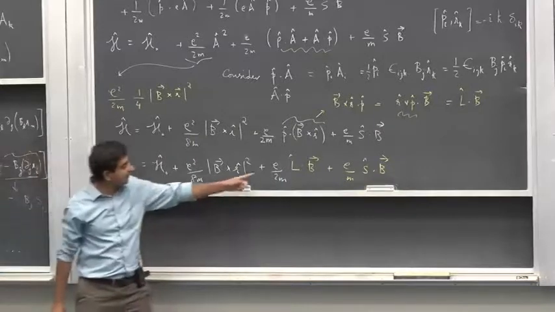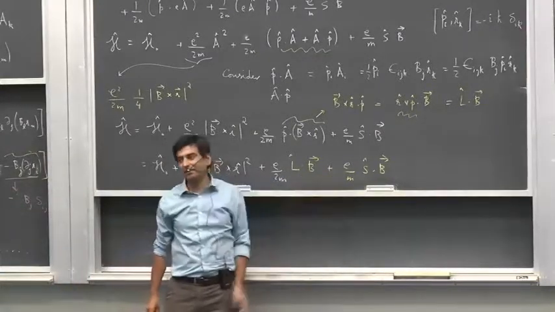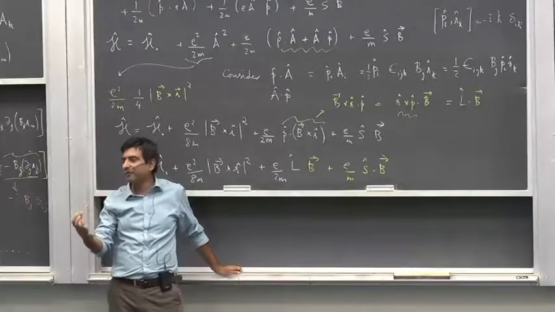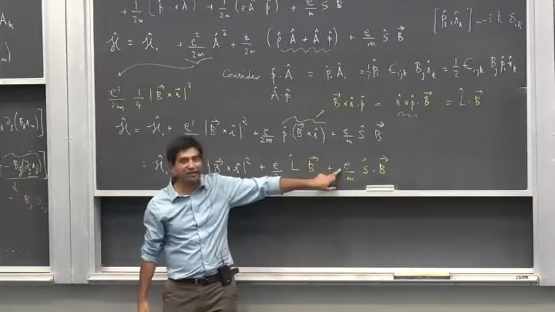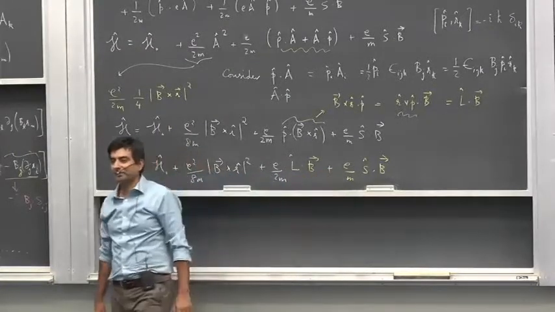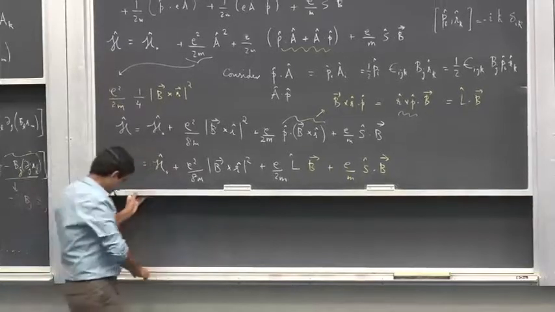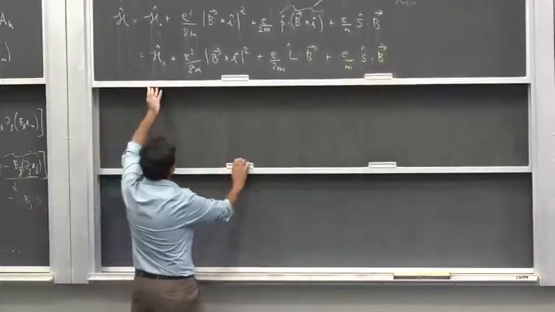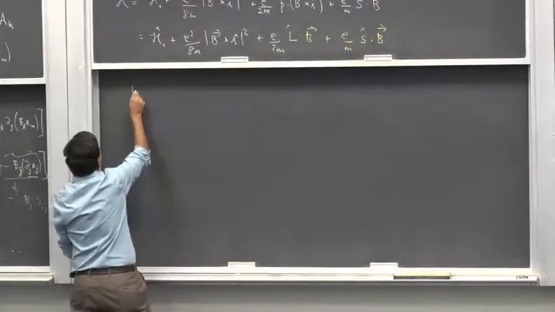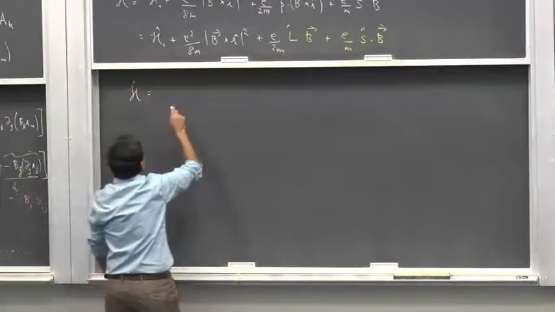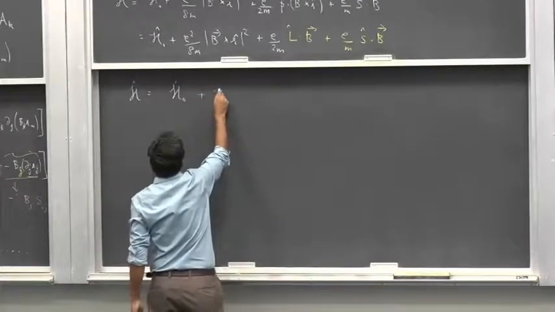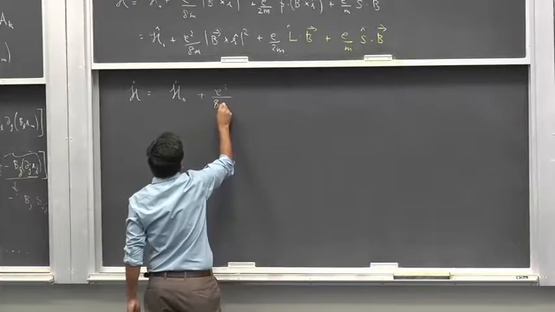So look at this factor, there's an e over 2m here and there's an e over m here. That's because the g factor for the spin of the electron is 2. So there is actually a g here, which is 2, so 2 over 2 just cancels away. Now let's write this in a more amenable fashion. What we have here is H, the Hamiltonian for an electron, which is a charged particle inside a magnetic field, is H naught, the native Hamiltonian, plus this term, and we have to figure out what this term means.